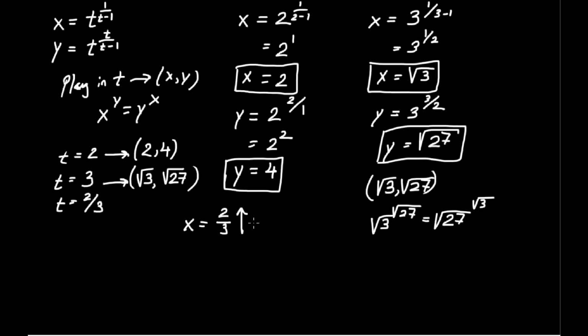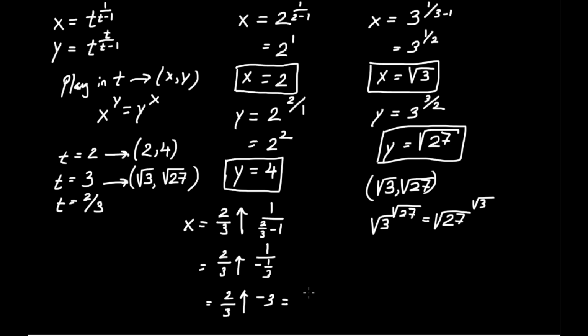And then what follows to the right of the up arrow is going to be the exponent. So plugging in that 2/3, I get 1 over 2/3 minus 1. And that's going to be equal to 2/3 raised to the 1 over minus 1/3, which is equal to 2/3 raised to the, let's see, to the minus 3 power.